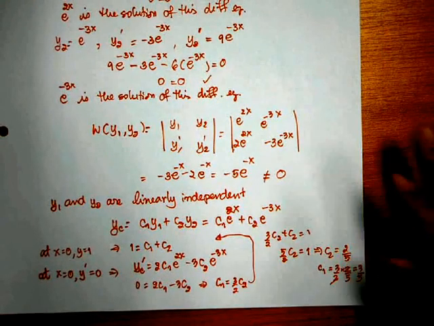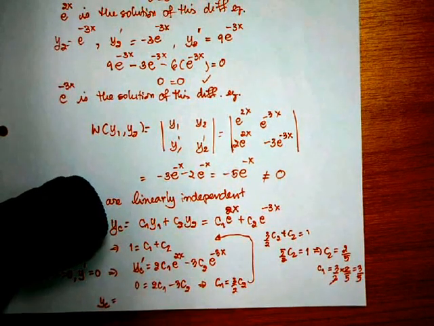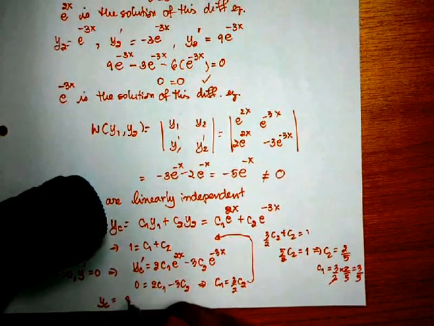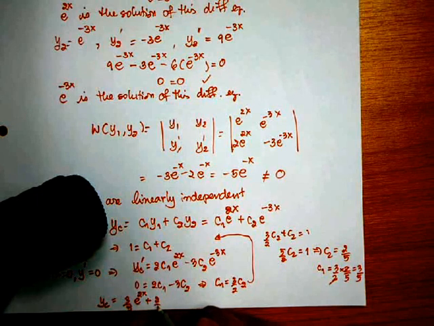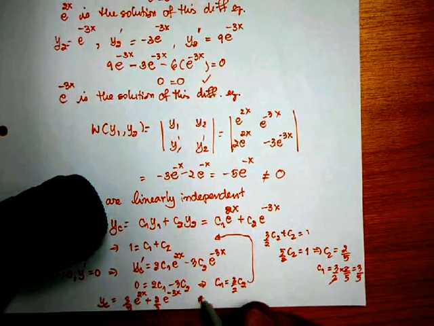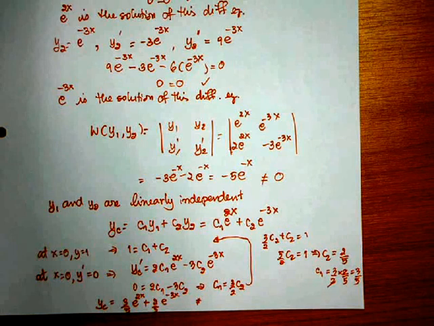Now, the final answer is yc equal to 3 over 5 times exponential of 2x plus 2 over 5 times exponential of minus 3x. That is the answer. Any questions?